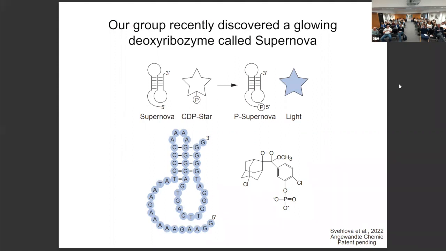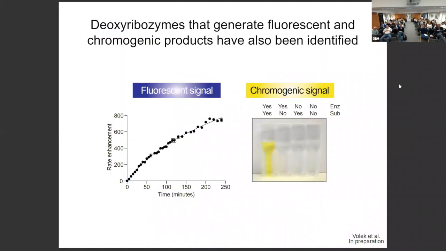So this is a kinase deoxyribozyme. We have also extended this approach to identify deoxyribozymes that generate other types of things. For example, we made a deoxyribozyme that generates a fluorescent product, and another deoxyribozyme that generates a yellow product that you can see by eye.